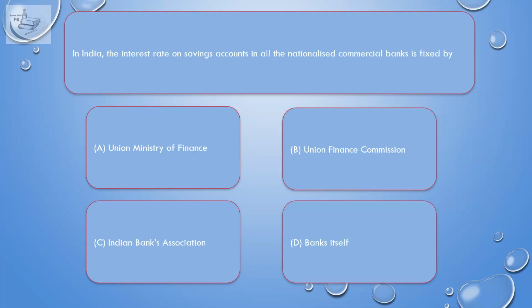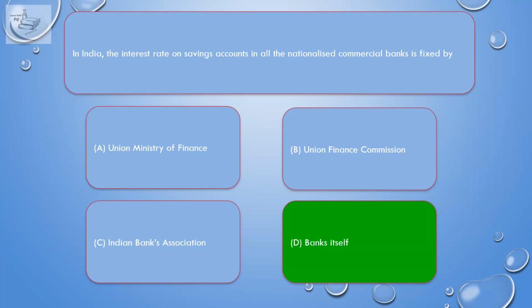Question: in India, the interest rate on savings accounts in all the nationalized commercial banks is fixed by A. Union Ministry of Finance. B. Union Finance Commission. C. Indian Banks Association. D. Banks itself. Correct answer is D. Banks itself.